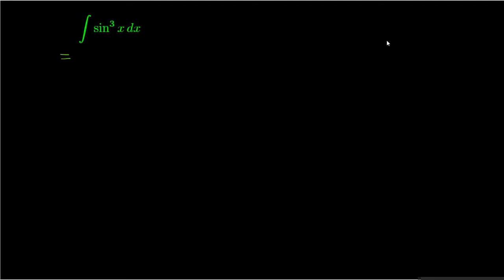The idea is to write this function as the product of two functions. We'll see what's going on later. I want to rewrite sine of x, the whole thing cubed, as sine of x squared multiplied by sine of x. So basically, we leave out a factor of sine of x.